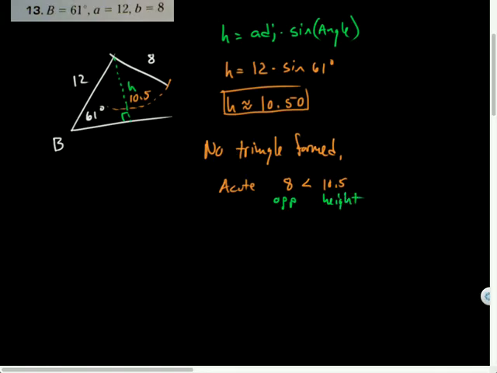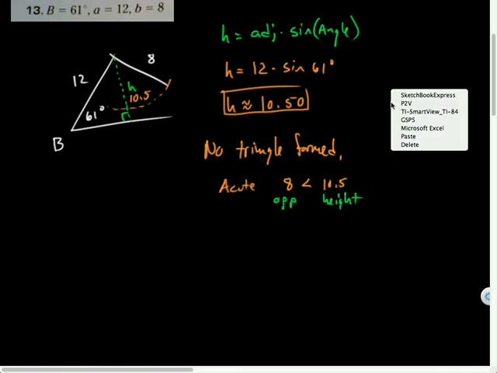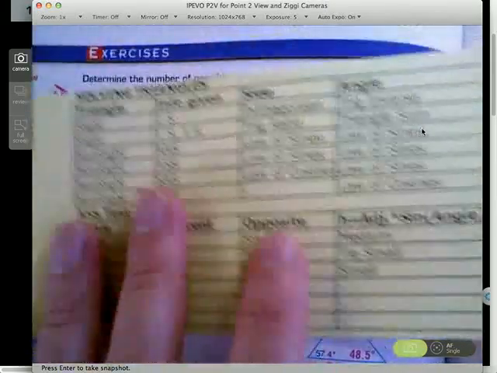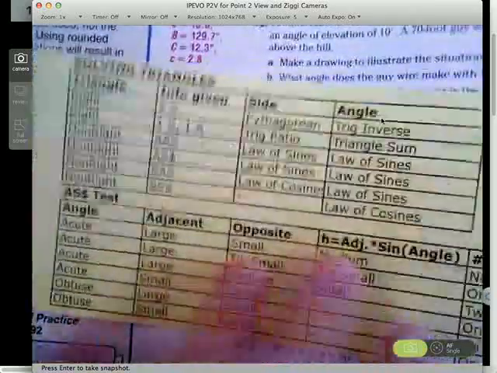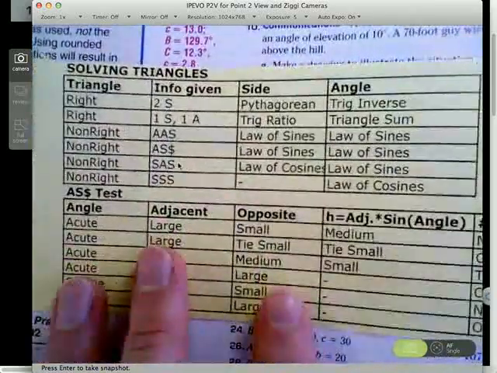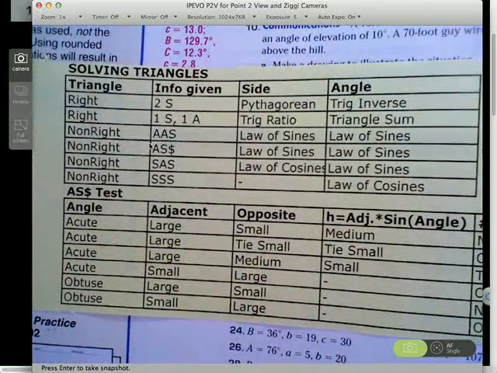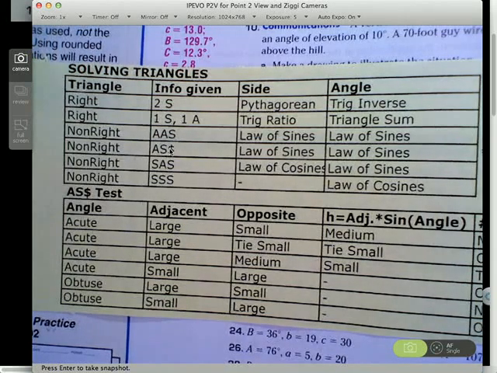Just to specify this a little further, I constructed a little table for us where we can analyze our situation. First of all, this was an angle-side-side situation, or ASS, for censorship reasons.